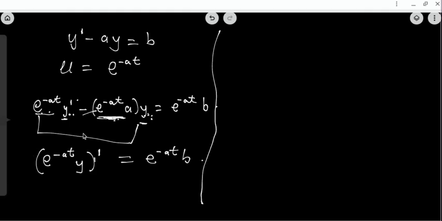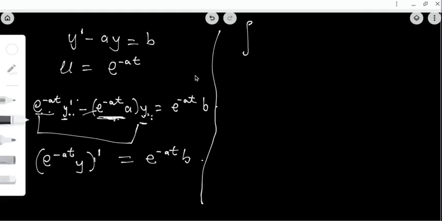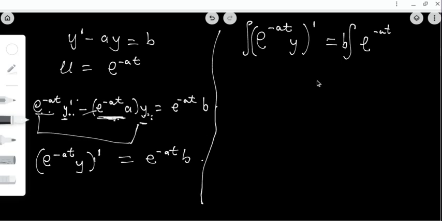So I will integrate e^(-at) y. Remember, it is a derivative, should be equal to, then I'll also integrate this one, e^(-at) multiplied by b. Remember, b is a constant. Because b is a constant, I can bring the b here. It's a constant, dt.